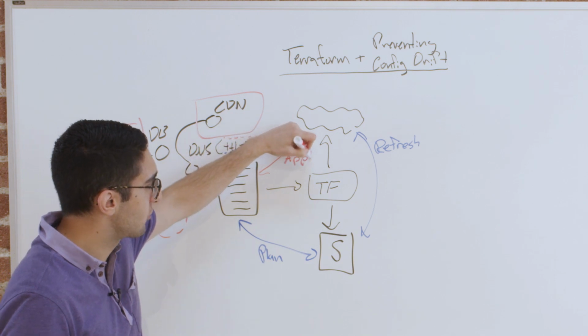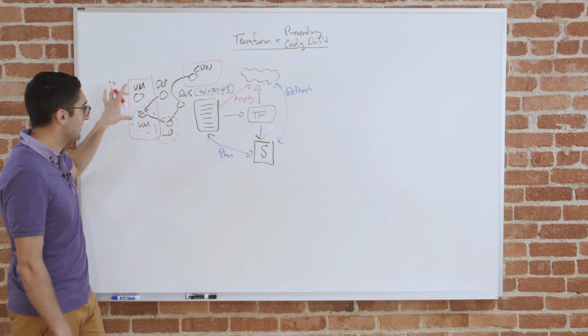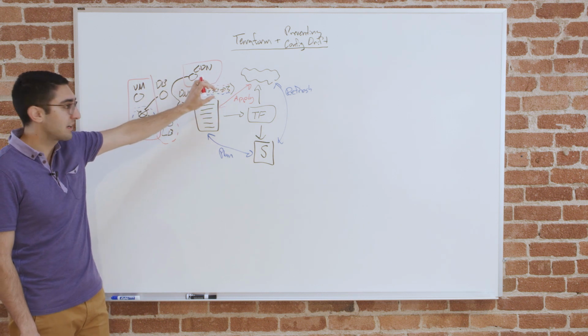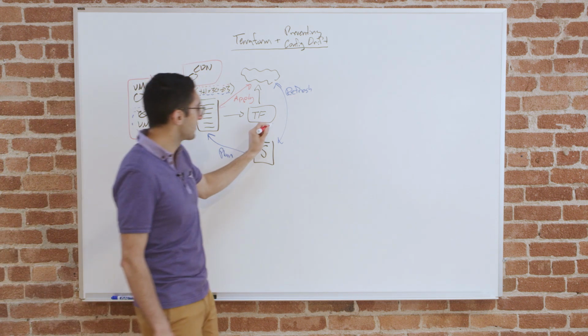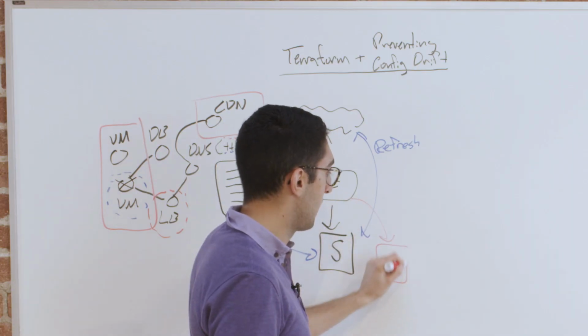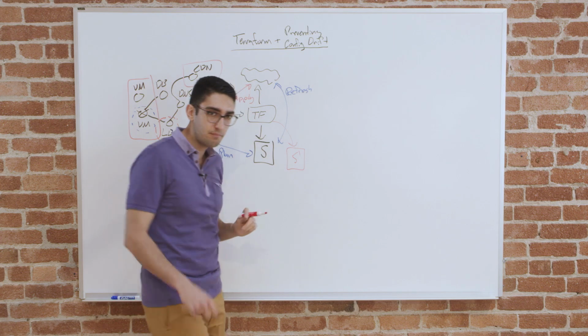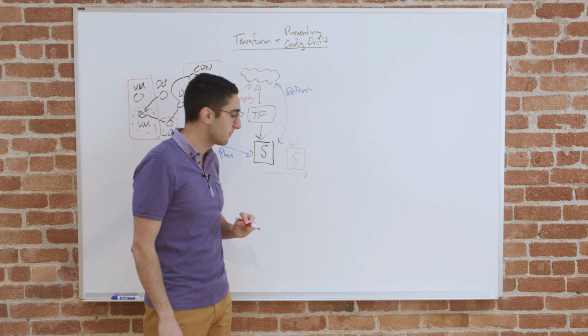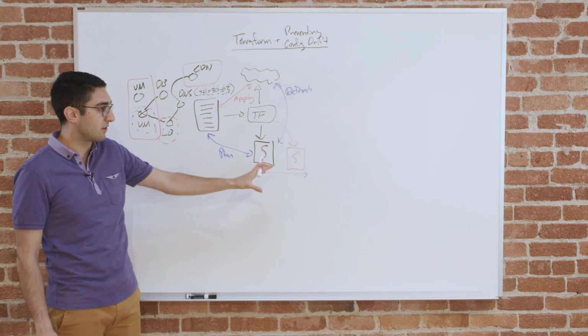And now Terraform actually makes those changes. So create the VM, update the load balancer, add the DNS record, fix the DNS record. And Terraform will spit out an updated version of the world, state prime. So what this gives us is a versioned history of how our infrastructure has evolved over time.